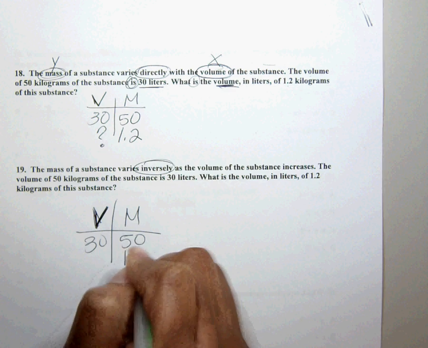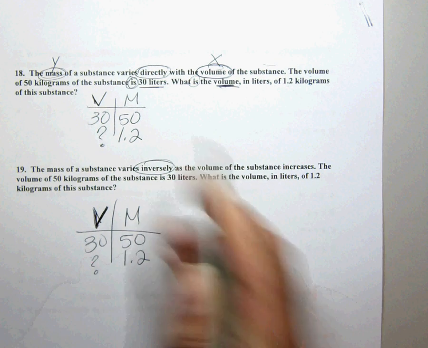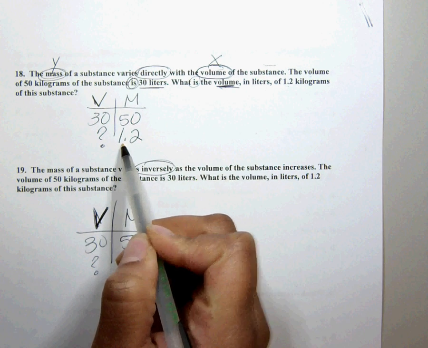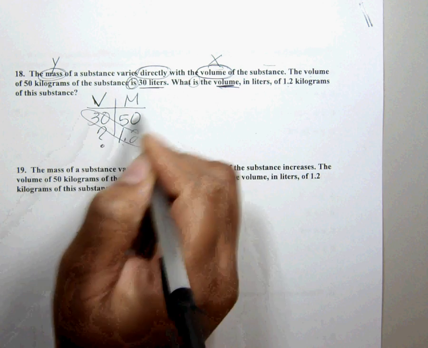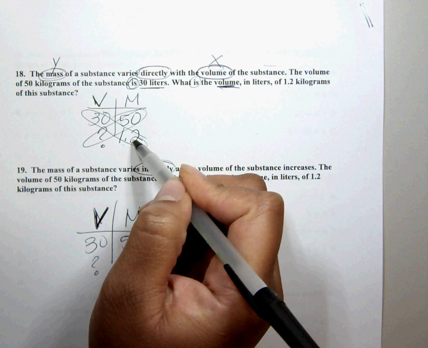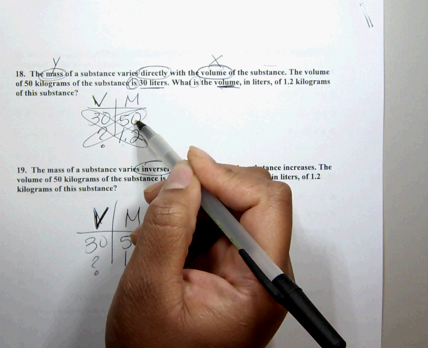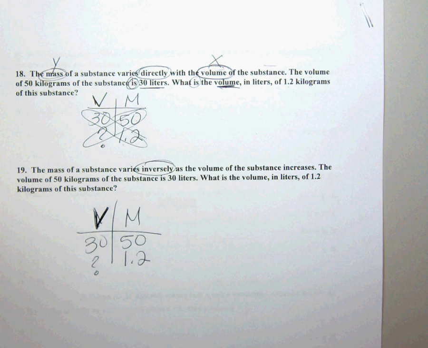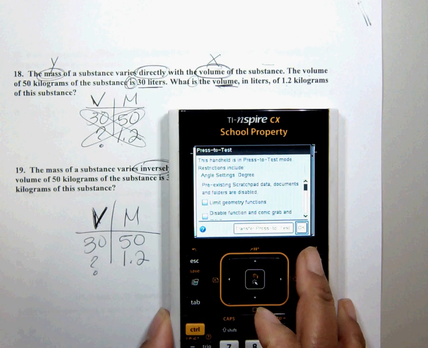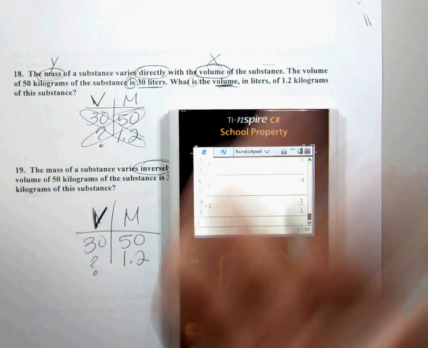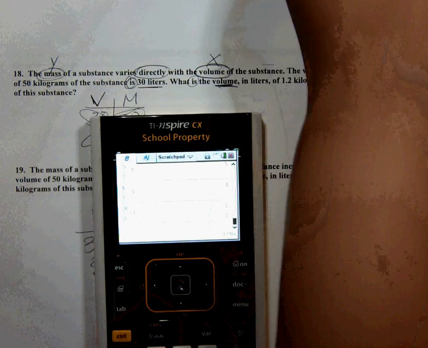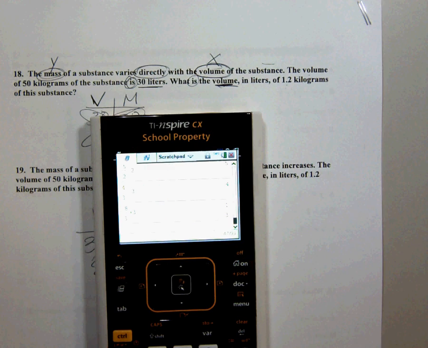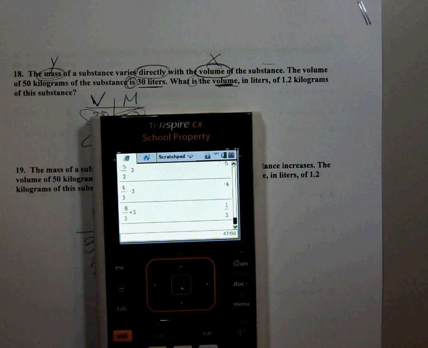So we already have our proportions set up for 18, and remember when you have direct variation, you cross multiply. We multiply those two together and then divide by the number we haven't used. I want to darken the screen a little bit so you can see. Not too dark. Okay.